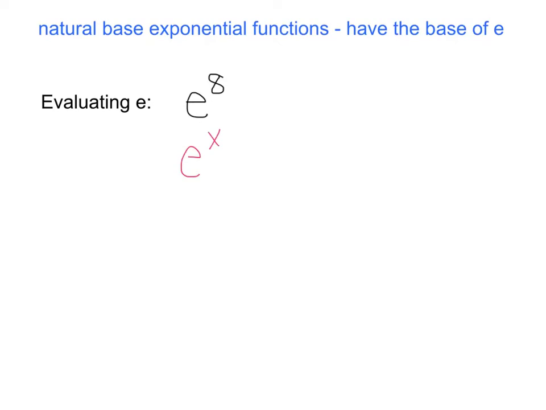So when we hit the button e to the x, we then type in 8, and that gives me 2,980 point, and let's round to 3 decimal places, so 958, because after the 7 was a 9. And that's all you do to evaluate e to any power. Just type it in your calculator.